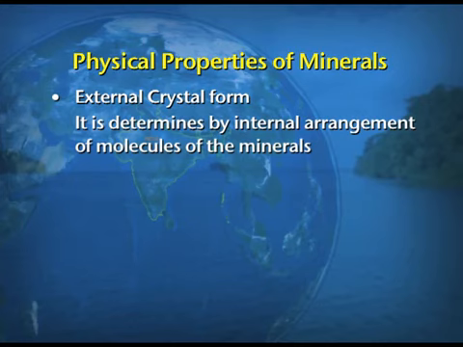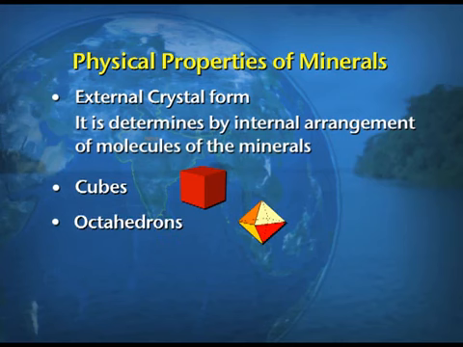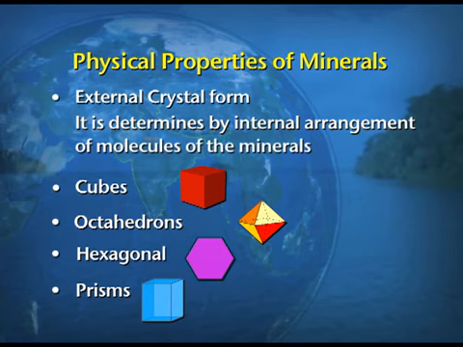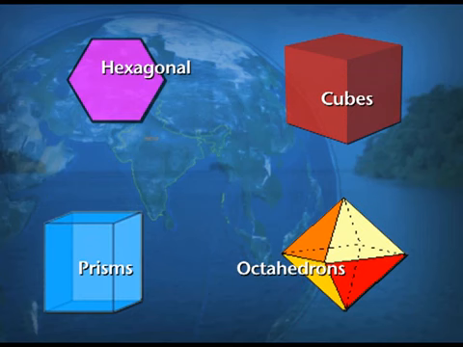As you must have studied in your mathematics also, the different shapes like cubes, octahedrons, hexagonal and prism, and we have certain minerals which are found in these shapes. If you just look at the screen, you can see these shapes, how the cubes look, how the octahedron looks, and the hexagonal shape and the prism.